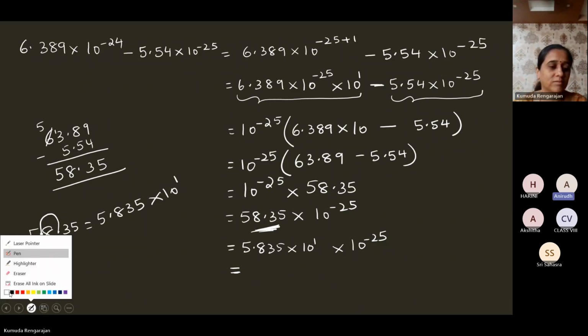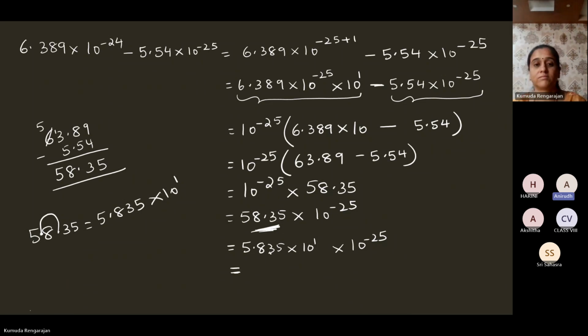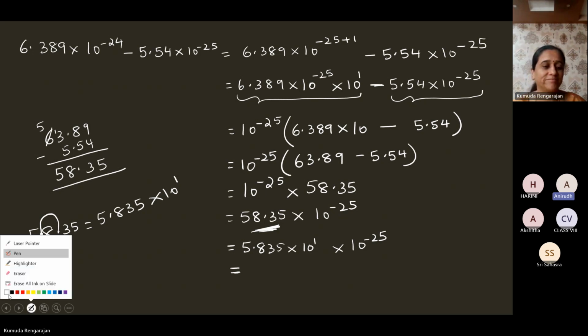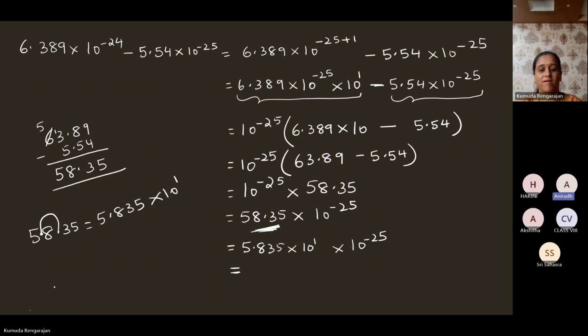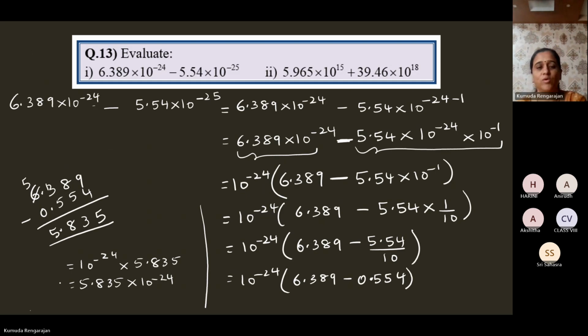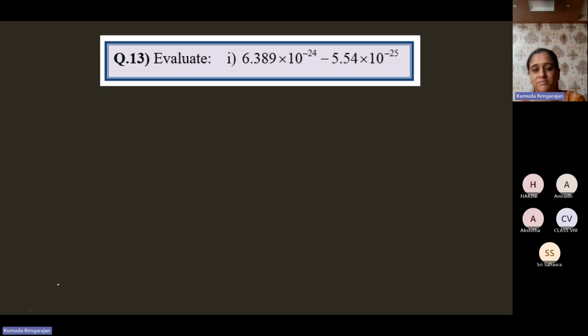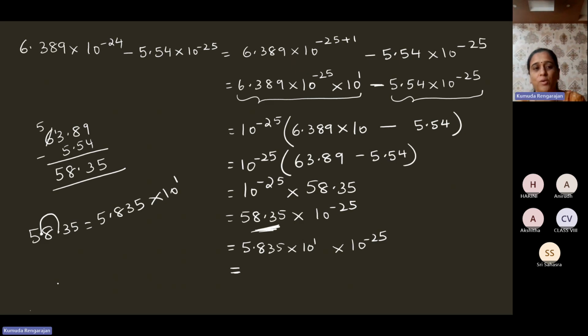Ma'am, in the time when you were gone for the second sum, I started working and got till here. Okay, because you could see the second question there. I should have taken to this slide.